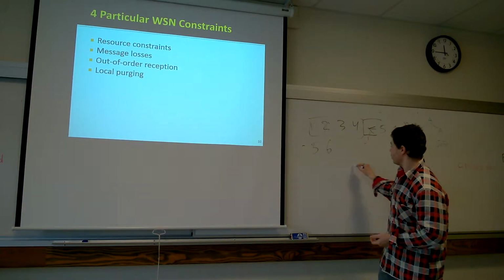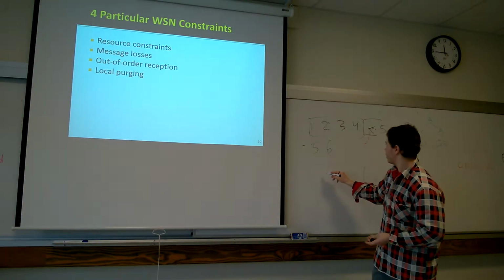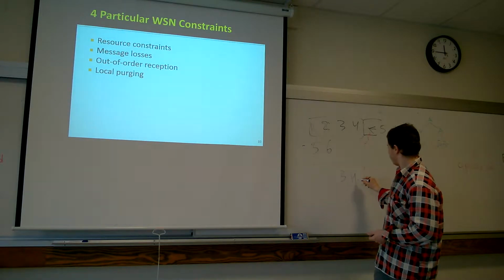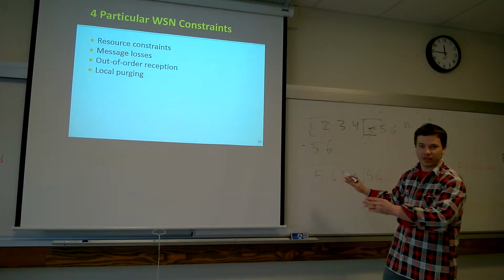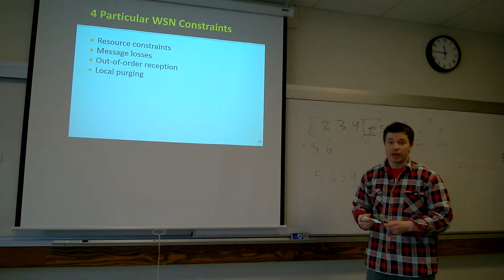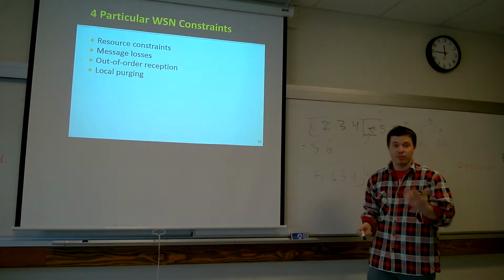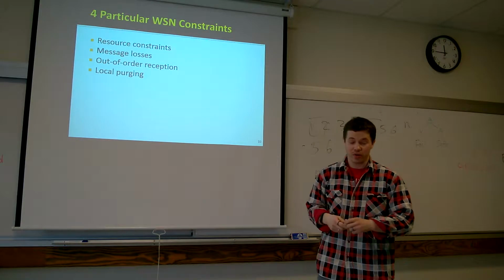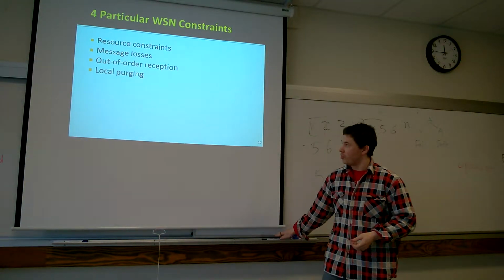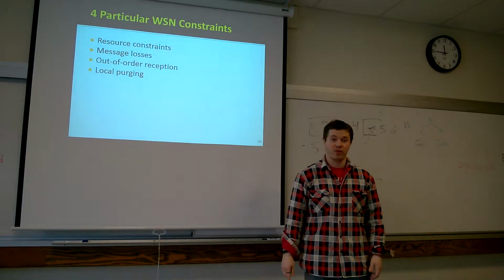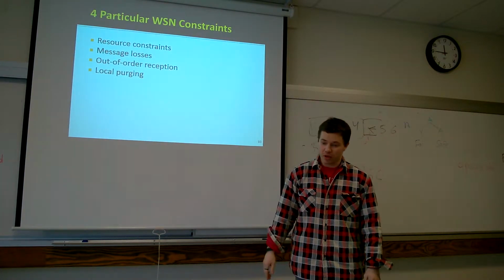What are you sending? Well, you can send something like 3, 4, 5, 6, or you can send 5, 6, 3, 4, something like this. You get the whole buffer and send it as it is. So that's purging, where the node locally starts deleting the data. Apparently, it's very common for such small nodes.